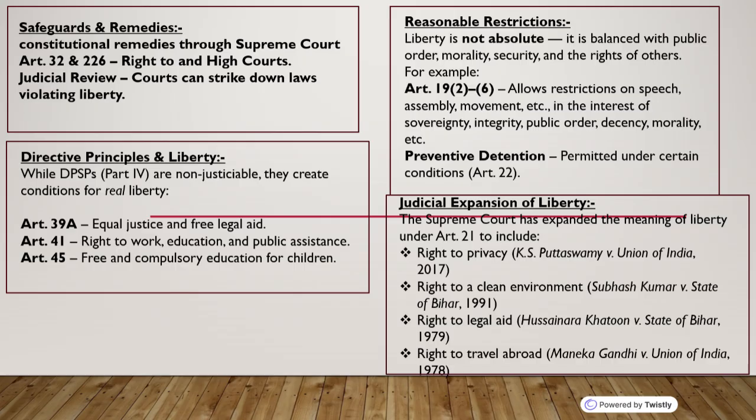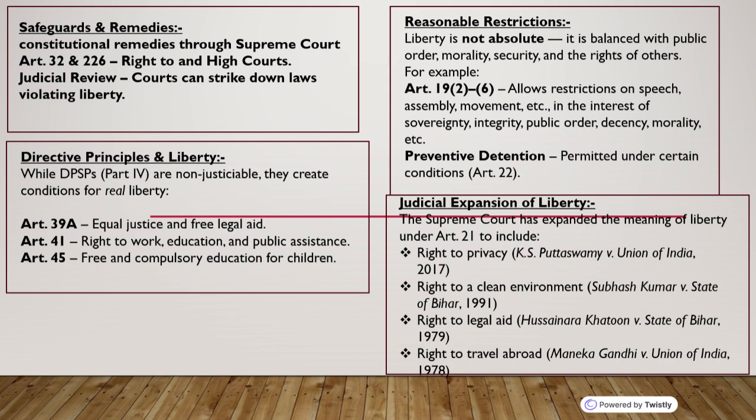That is, you cannot move to the court for implementation of DPSPs. They create conditions for real liberty. So they'll provide you some conditions in which you can exercise your liberty. Okay, equal justice and free legal aid, right to work, education and public assistance, free and compulsory education for children. So these are the DPSPs, which reflect the liberty.